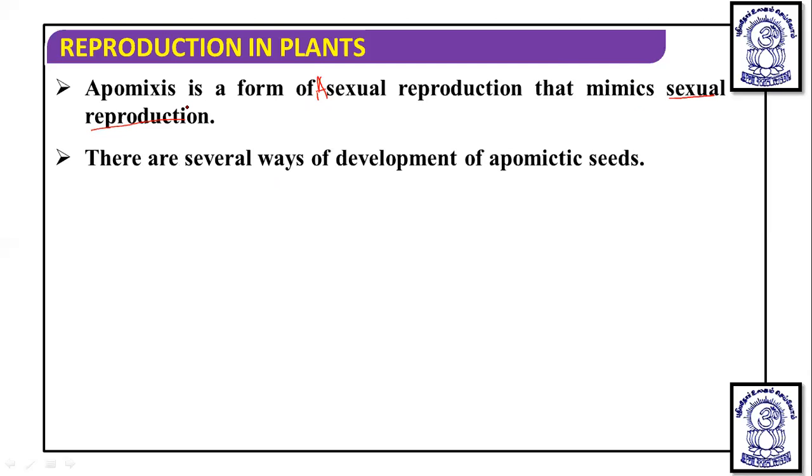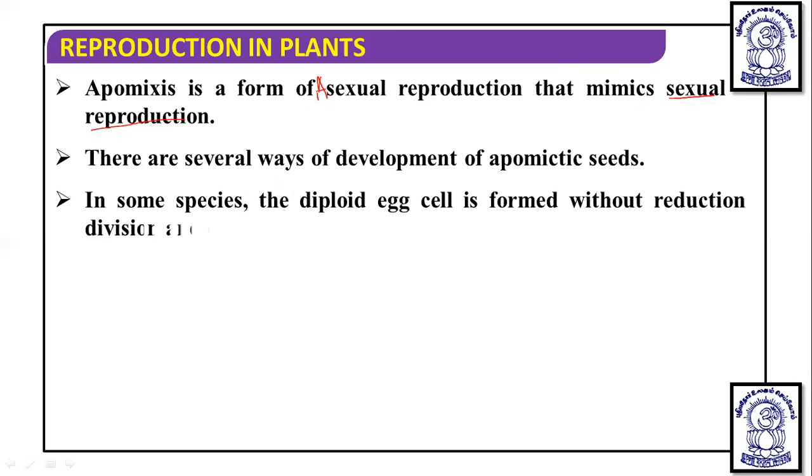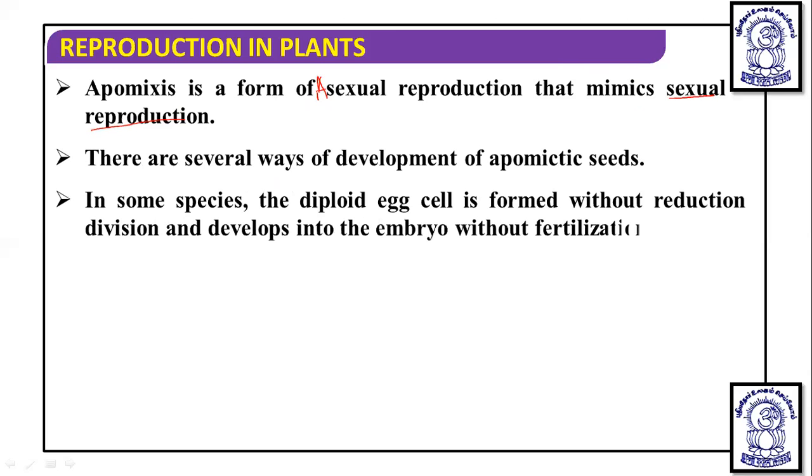And there are several ways of development of apomictic seeds. In some species, the diploid egg cell is formed without reductional division and develops into the embryo without fertilization. Yes, without meiosis the diploid egg will be produced, and this diploid egg is going to form an embryo without fertilization; that is a part of apomixis.